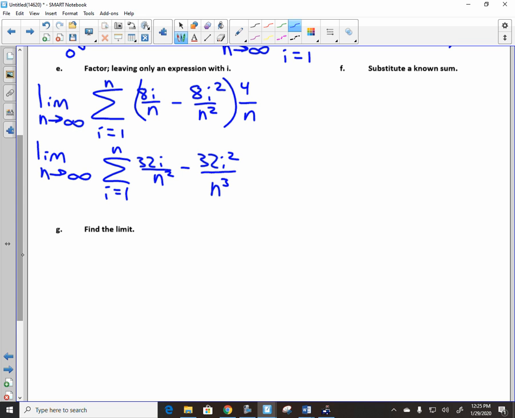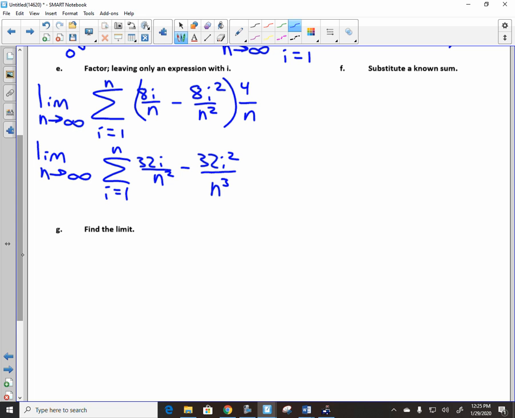You have some options here for how you want to deal with it. I'm going to break it into two sums. Remember, this is just the sum of something, and notice that there's addition and subtraction separating these. So it's no big deal to break sums into sums. If you're going to add up the numbers 1 through 10, you could either add them all up or add the odds and then the evens and add them together. It's no big deal.